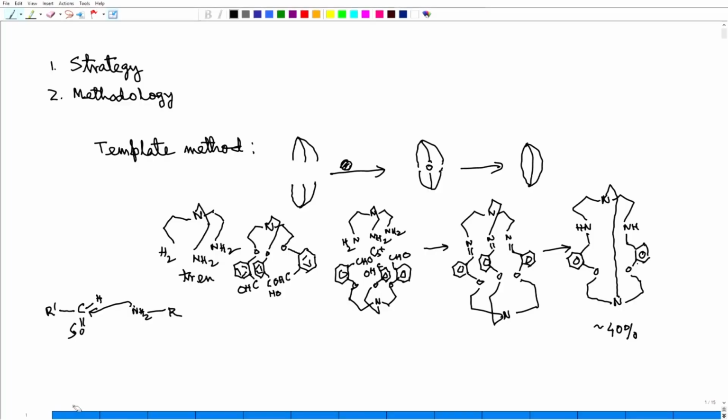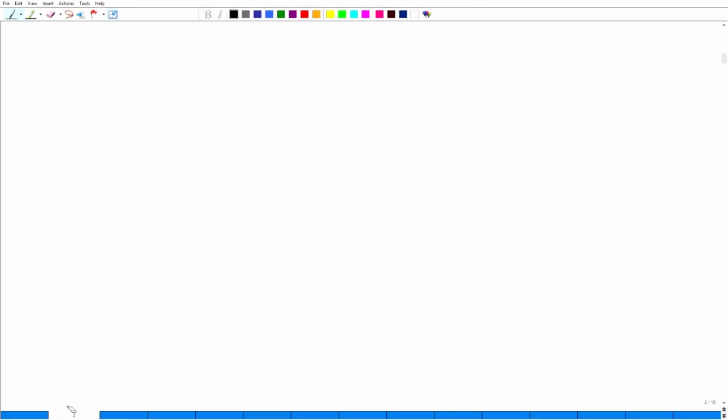After that, there is another method called the high dilution method.